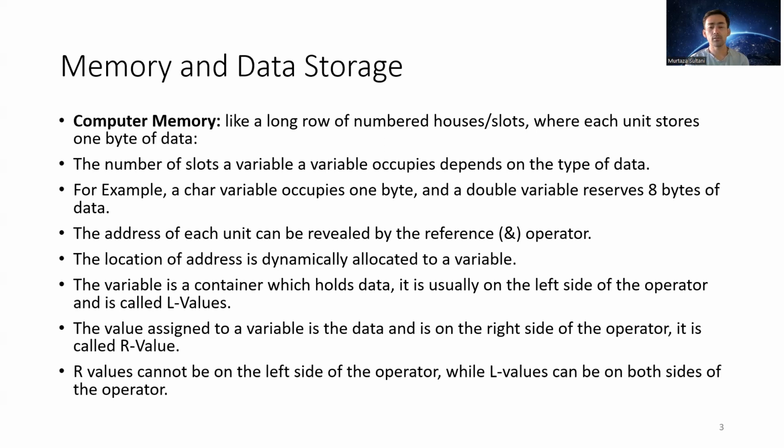The variable is actually a container that holds the data, and it is usually on the left side of the operator. We call it an L value. The value assigned to the variable is called an R value, and it's usually on the right side. The L value can be located on both sides of the operator. However, the R value cannot be located on the left side of the operator.